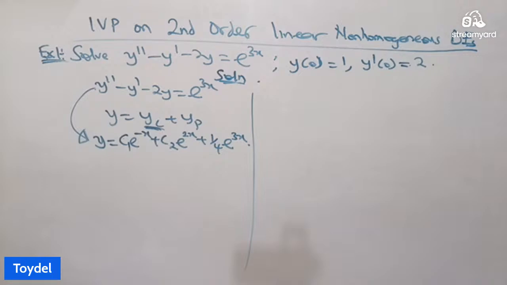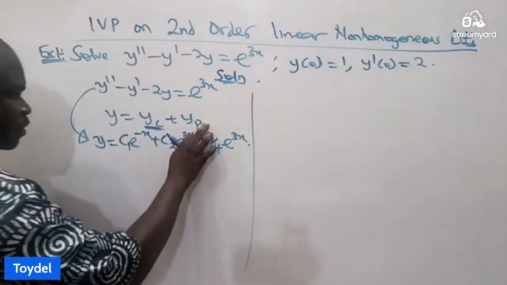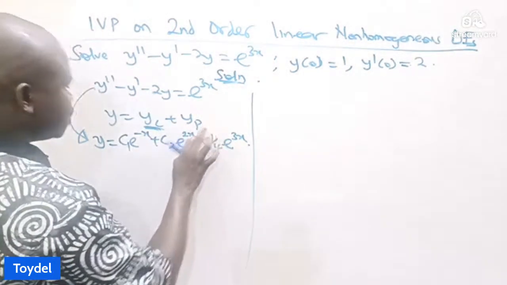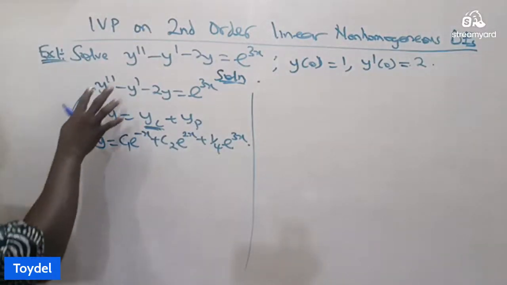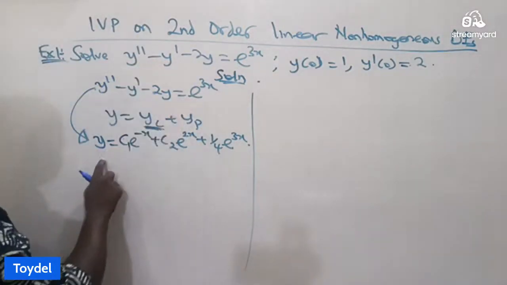And if you want to find the particular solution, of course, we know what to do. There are two methods involved: the method of variation of parameters, or comparing coefficients. So we have done this. If you check my past videos, I've used the two methods to solve this particular problem.